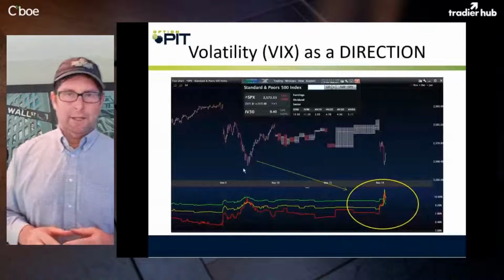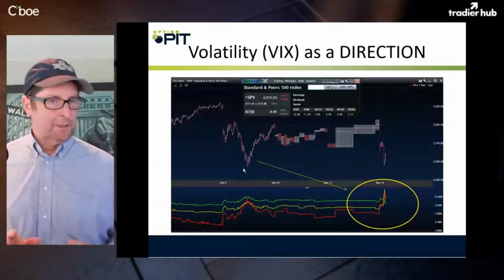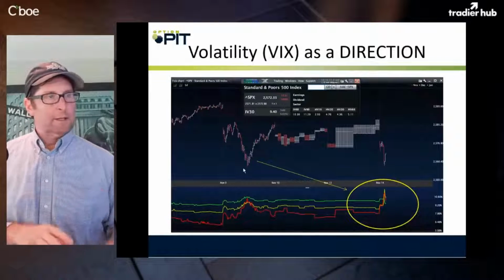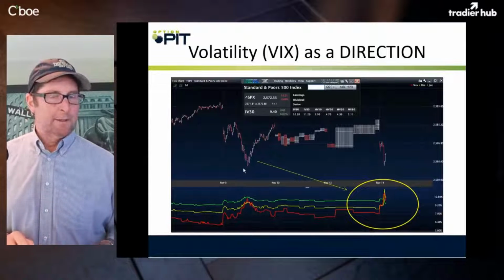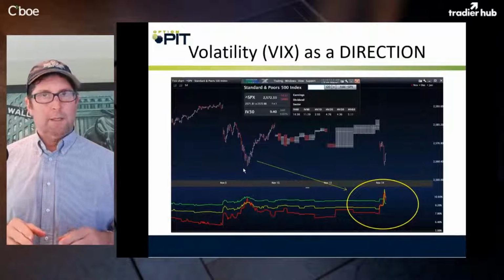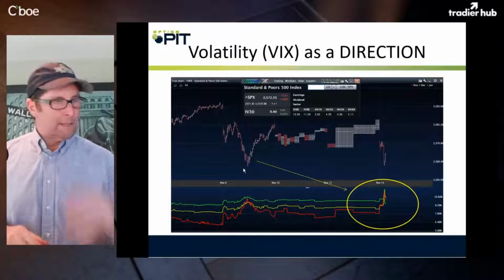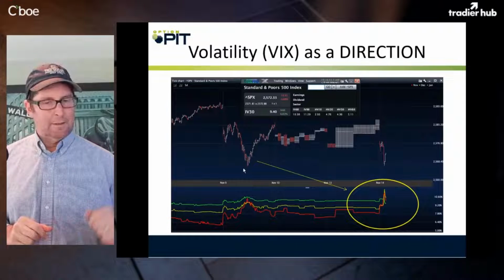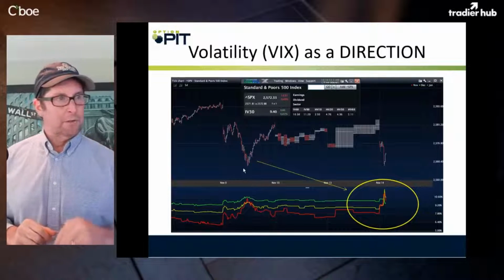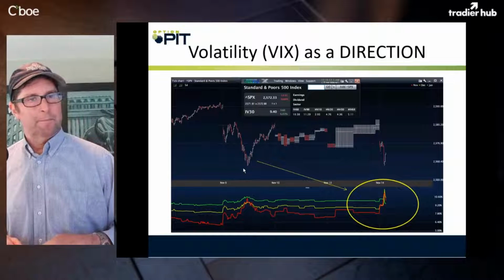All right. Now, the idea here is SPX is going to do what it's going to do, but the volatility in the SPX is mostly going to be anti-correlated. So SPX goes up and VIX should go down most of the time.